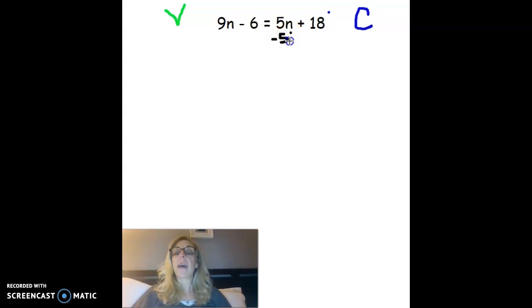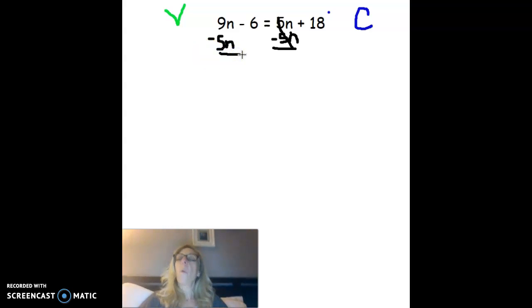So I'm taking my 5n's and I'm subtracting 5n's on the constant side to zero it out. And that means I have to subtract those 5n's from the 9n on the variable side. Why did I put it under the 9n? Well, because they have the same variable, which means they're like terms. So I can put them together and collect them. Woohoo! So 9n minus 5n, well, guess what? It's 4n.